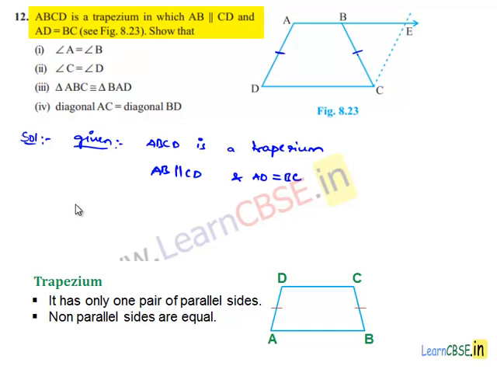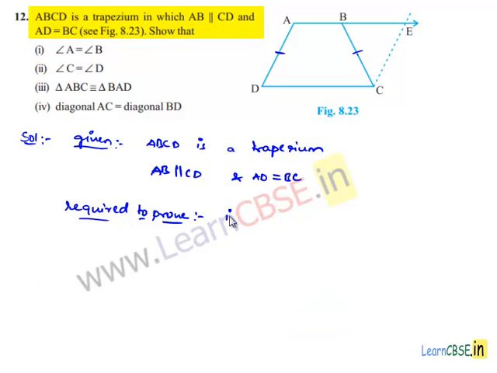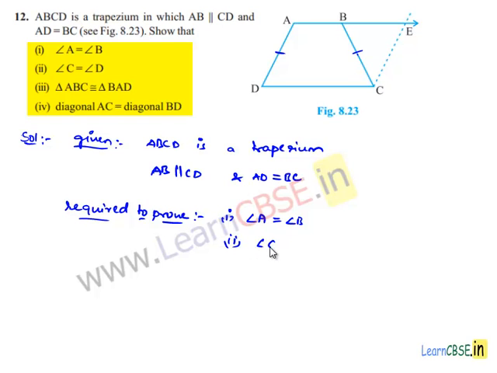Now he asked us to prove, first thing, angle A is equal to angle B. Second thing, angle C is equal to angle D. Third thing, triangle ABC is congruent to triangle BAD. And fourth, diagonal AC is equal to BD.